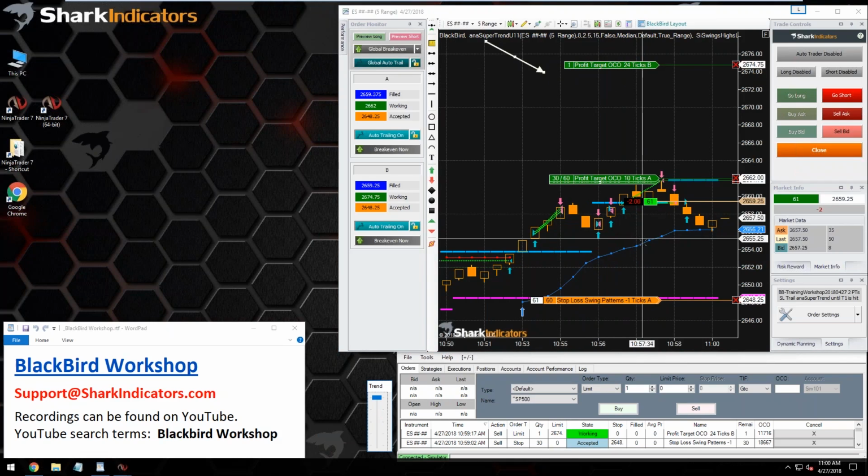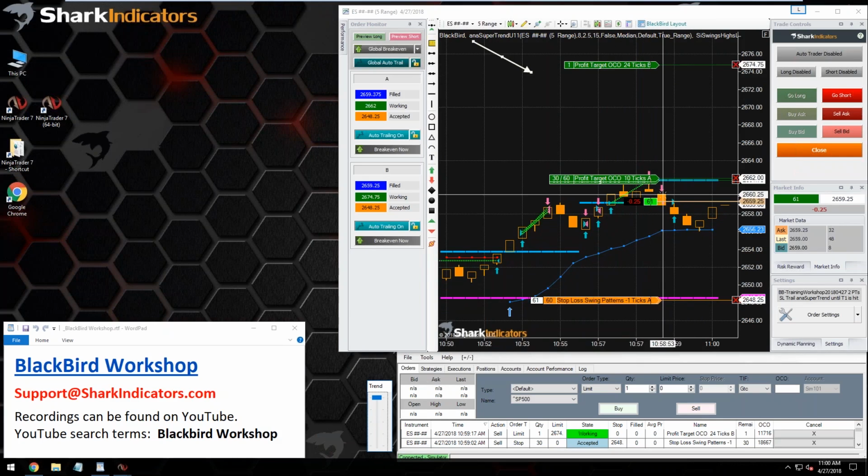So what we're going to be testing again is once the stop loss for profit target B moves to break even, we want to make sure that it's not going to trail with the anaSuperTrend anymore.